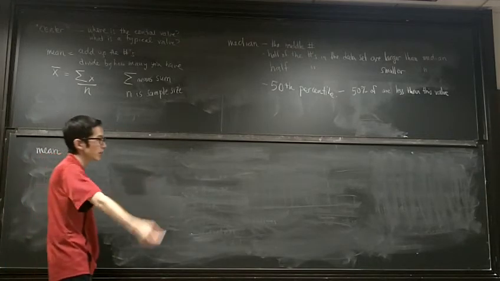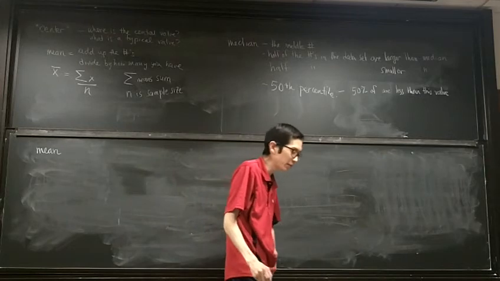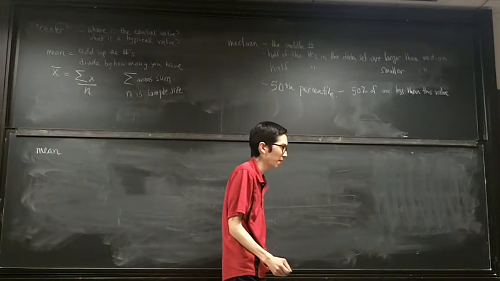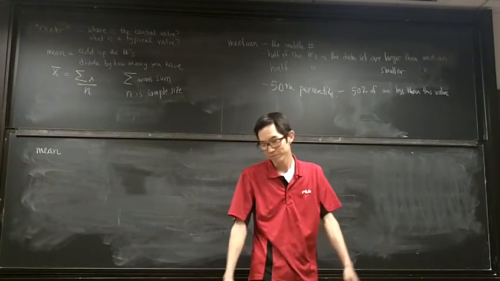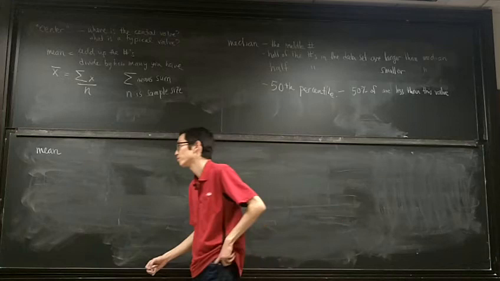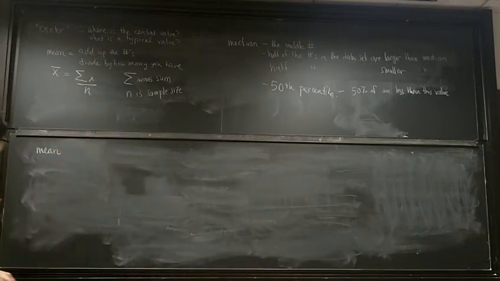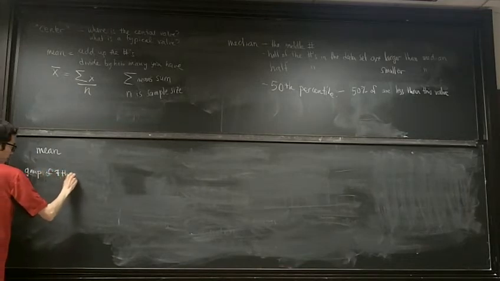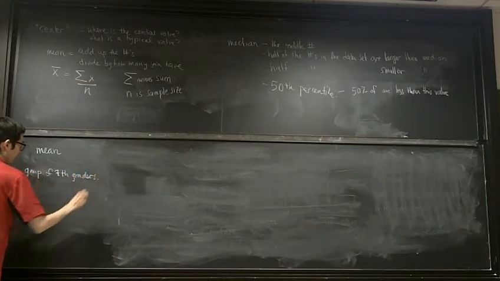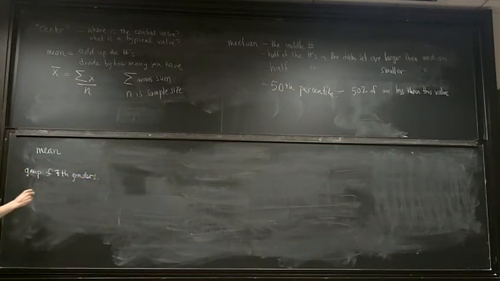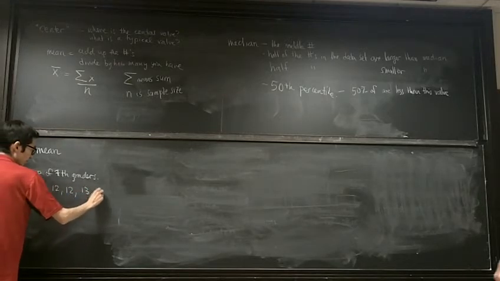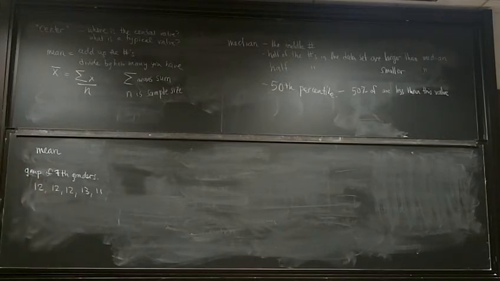Let's say you have a group of 7th graders, and let's say their ages are 12, 12, 12, 13, 11. What is the mean age?